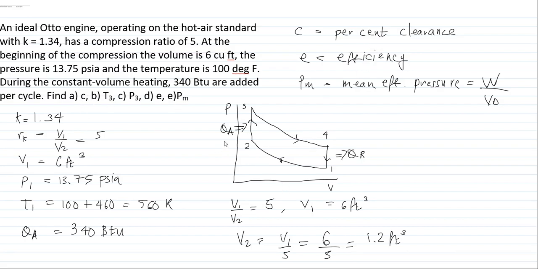Percent clearance. Let us add a concept. I've mentioned that from point 2 to point 3 is an isometric process, and V2 is equal to V3. But V sub 2 is equal to C, that's the percent clearance, times VD, which is the volume displacement.